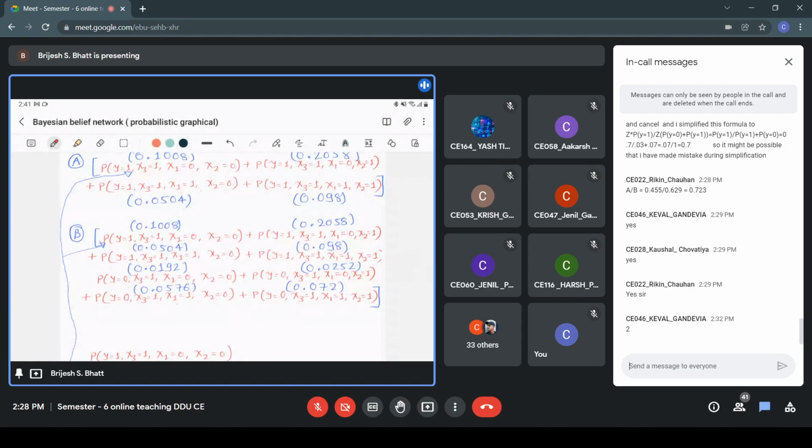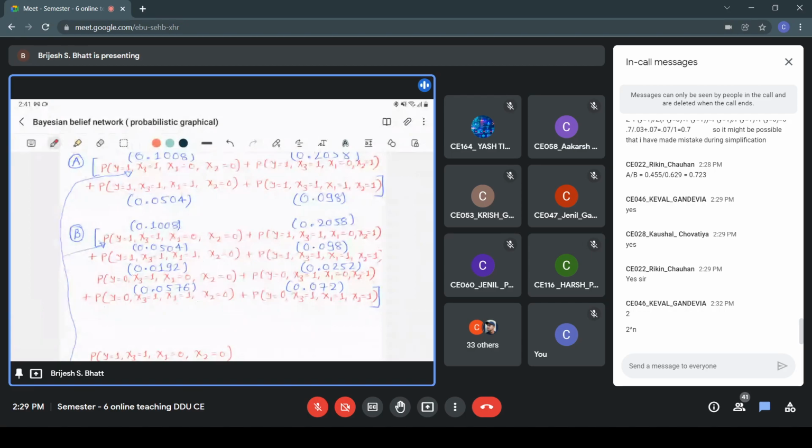So if your Bayesian network has n variables, in worst case, you might need to do marginalization over n minus 1 variables. So the computations you might end up doing is, as Keval is saying, 2 raised to n.